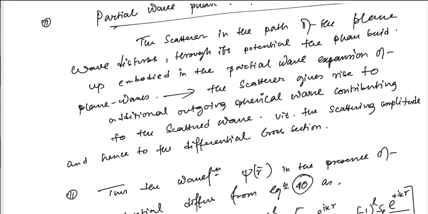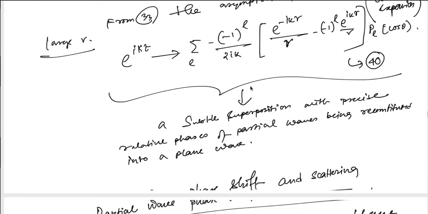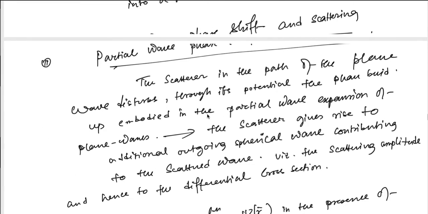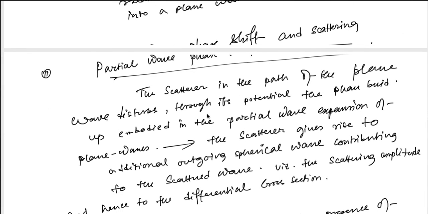The idea, from the Huygens principle analogy, is that there is a scatterer in the path of this plane wave, and that scatterer will disturb this outgoing wave. The idea is to calculate this disturbance in the outgoing wave and work out this f theta.